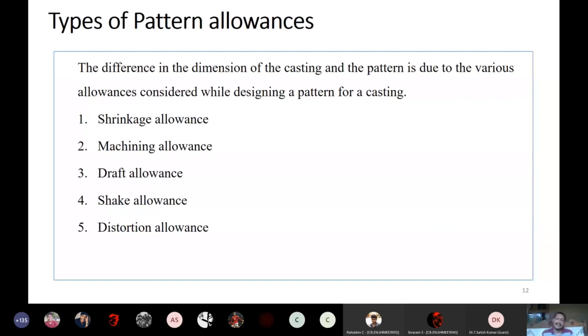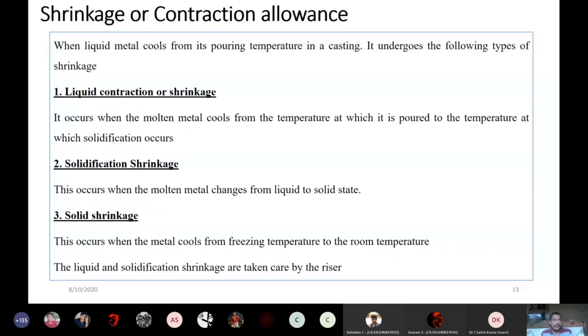What is the shrinkage allowance? When you pour molten metal into your mold cavity, we are pouring it through the pouring basin. It will pass through the tapered down sprue. At the end, you will have the choke.